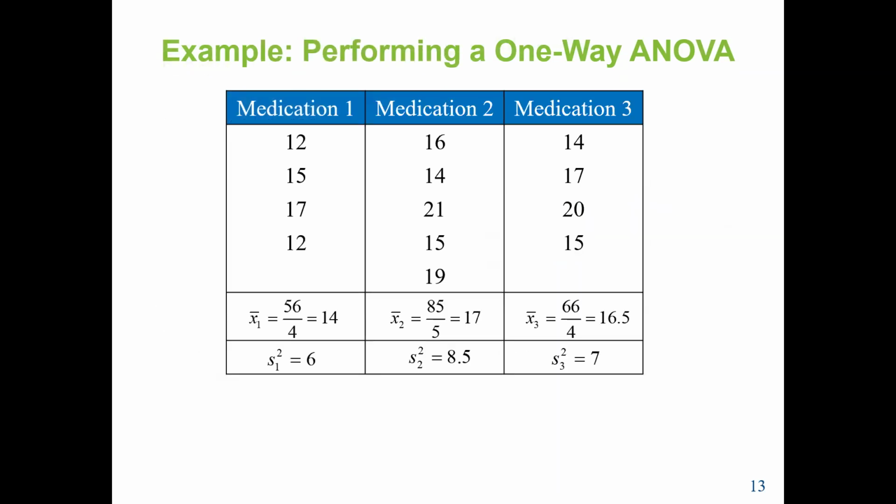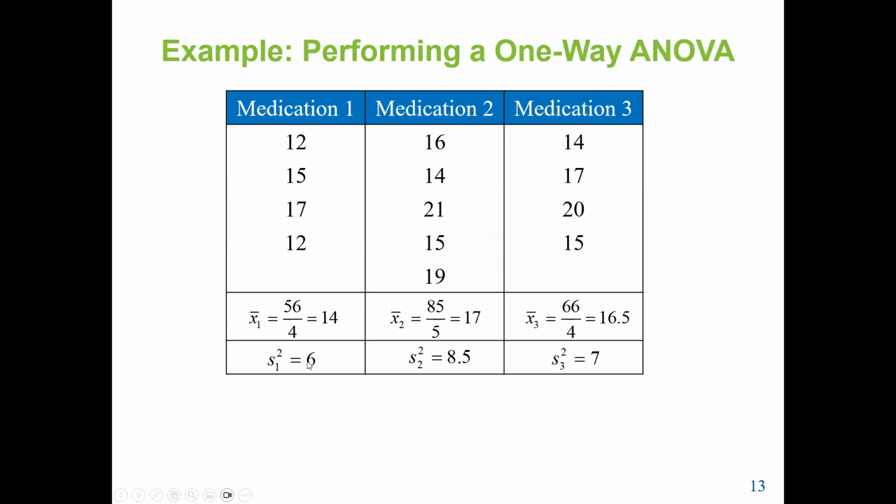We have medication 1: 12, 15, 17, 12. Medication 2: 16, 14, 21, 15, 9. Medication 3: 14, 17, 20, and 15. For medication 1, let's assume that's our sample 1. We find the mean, which is adding all the values divided by 4. We also find the variance to be 6.